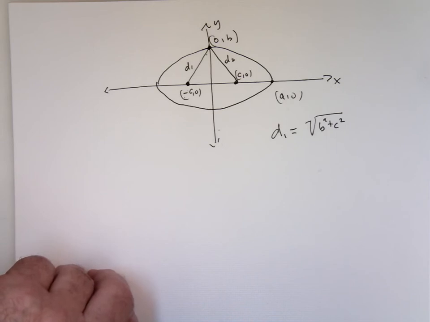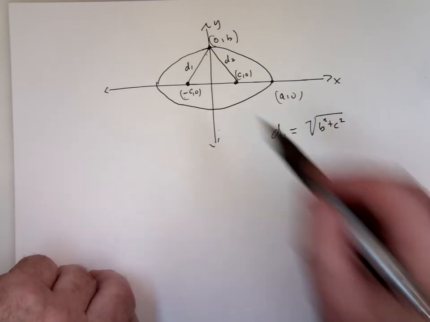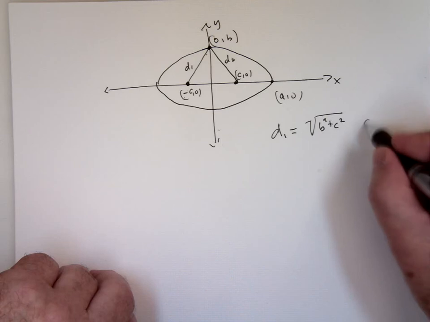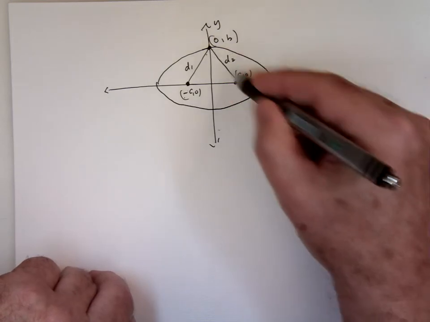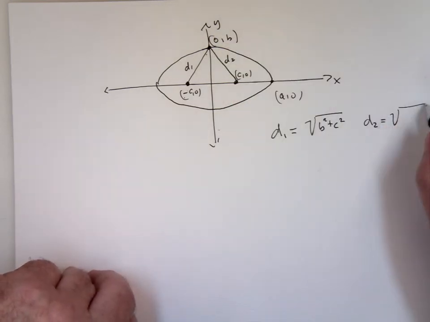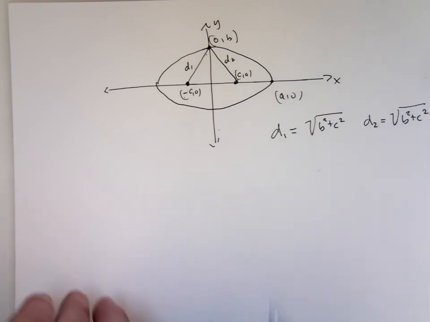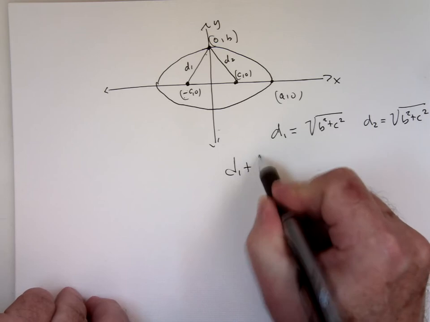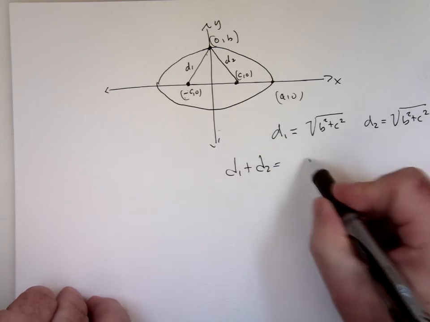And what's D2 equal to? The same thing, yes, the square root of b squared plus c squared. The sum of those two distances is equal to 2 times the square root.